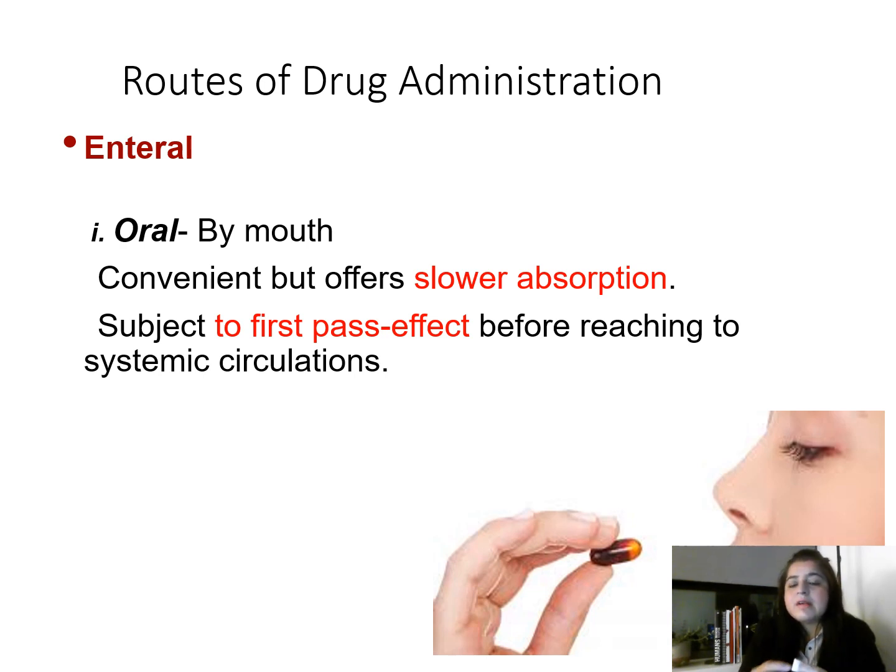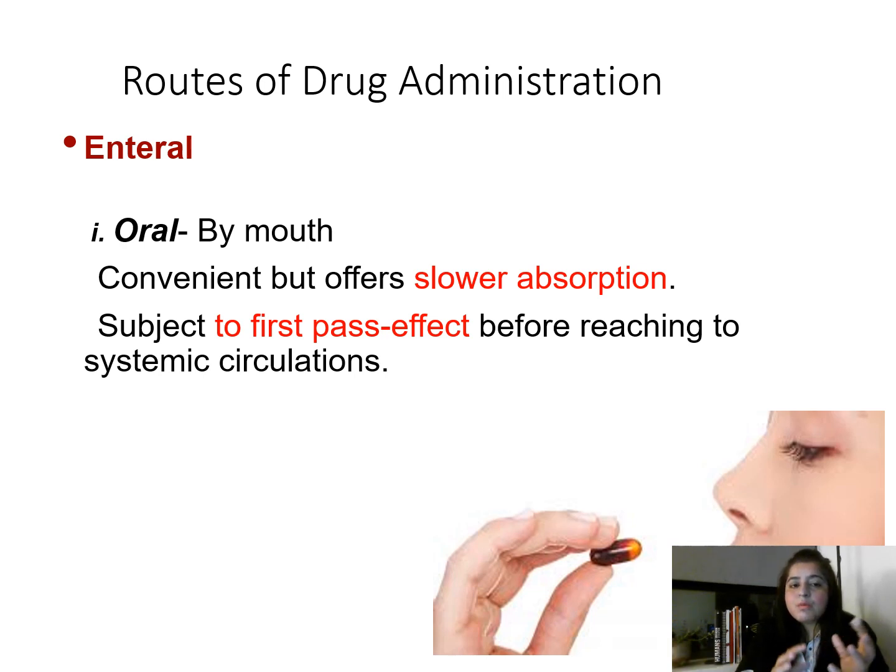The liver has different drug metabolizing enzymes, like cytochrome P450. So what happens when the drug reaches the liver? All the drug metabolizing enzymes present in the liver metabolize the drug, and after metabolism by the liver enzymes, a certain portion, not all of the drug, then enters the systemic circulation, and from the systemic circulation it reaches the target site.